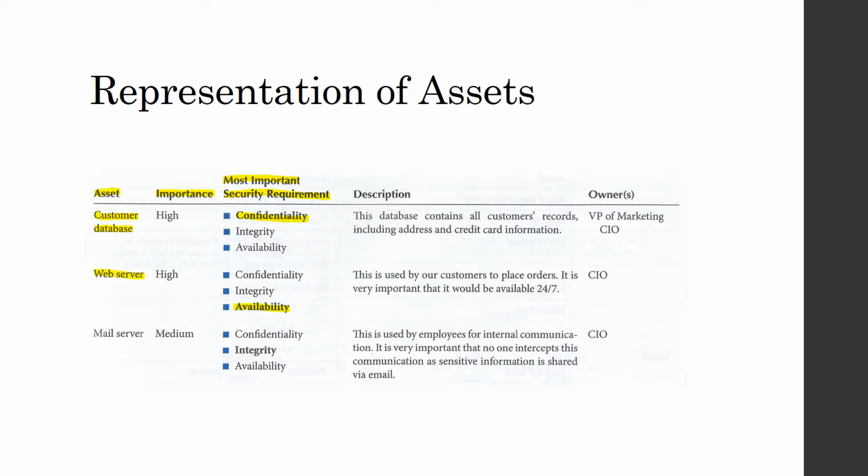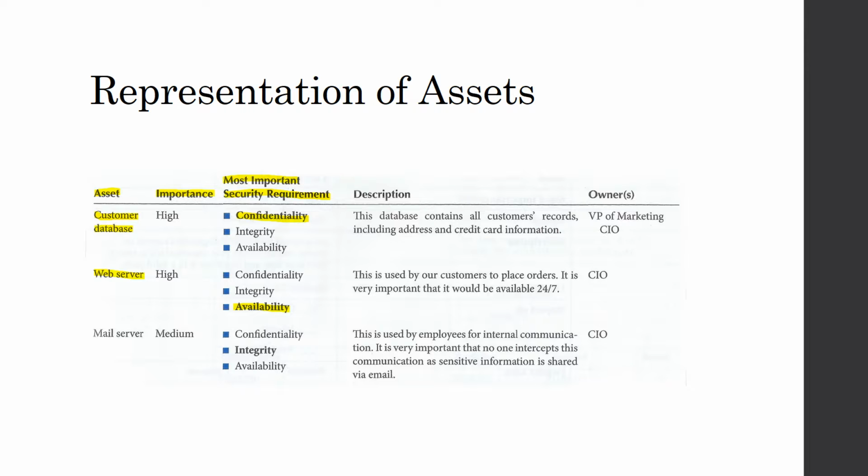We can see that the customer database requires confidentiality, versus the web server, which requires availability rather than confidentiality. It is more important for the customer database to be secure rather than it be available or broken. The opposite is true for the web server.